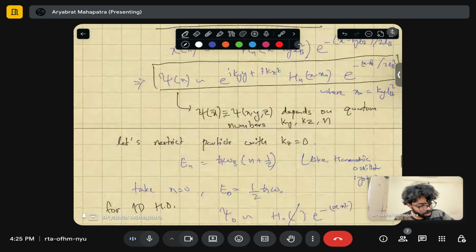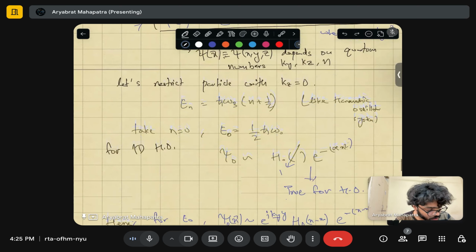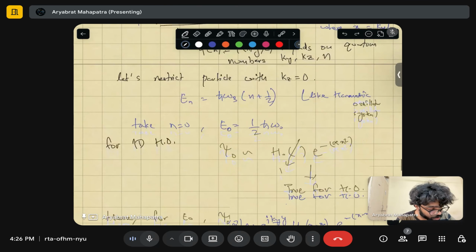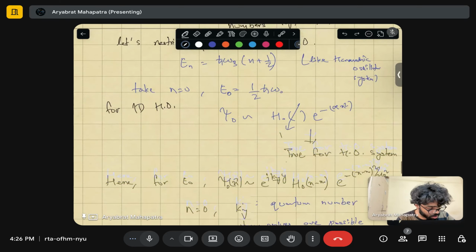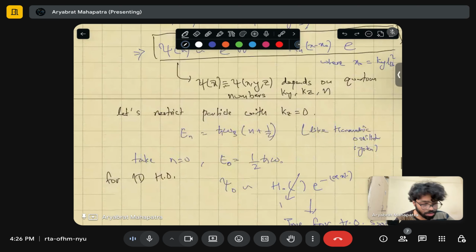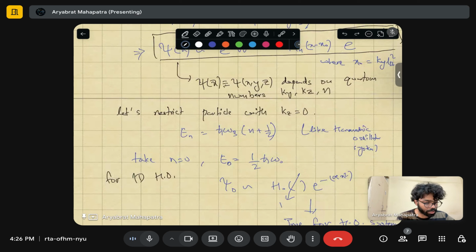For simplicity we made kz 0, but even if we make kz 0, we still have ky. Because of ky, for each n value, n equal to 1, 2, 3, your wave function psi is infinitely degenerate. And even if you make kz non-zero, it will become even more highly degenerate.